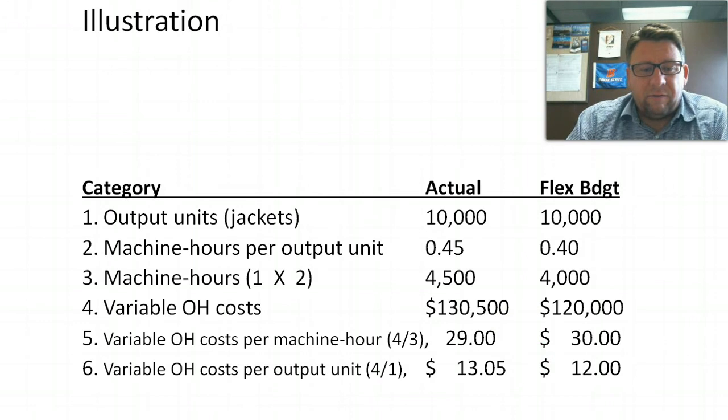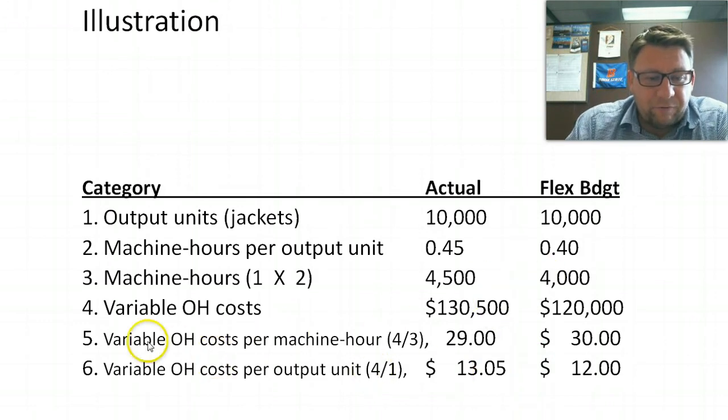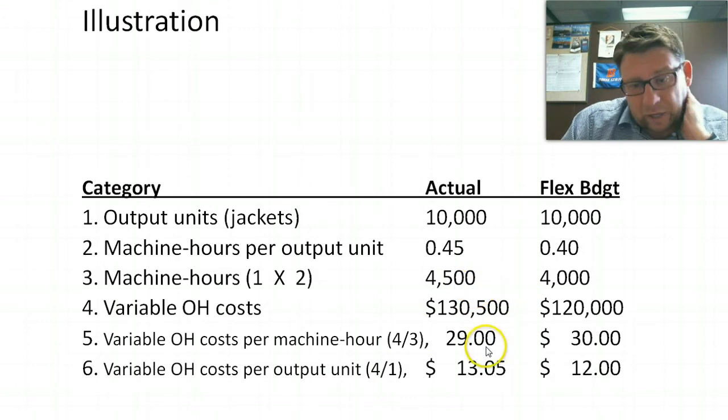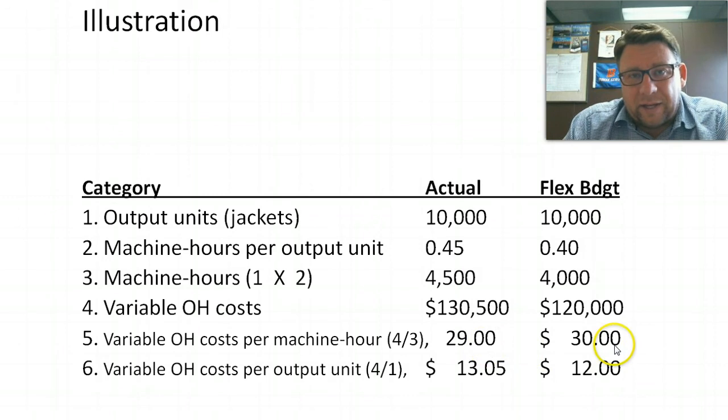So we can then figure out the variable cost per machine hour. We take the total actual, the 130,500, divided by the actual machine hours, and we come up with a rate of $29. And we had already calculated in a previous podcast the $30 an hour. And so, by the way, we can immediately see we're going to have a favorable spending variance.